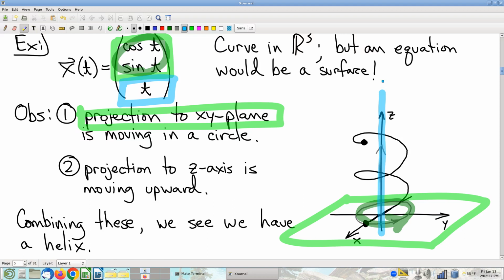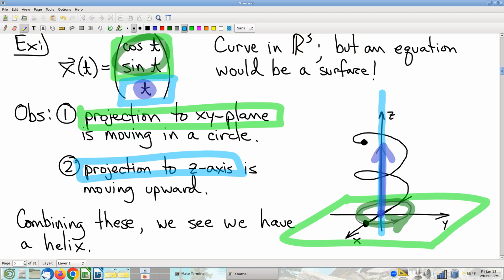It's ignoring x and y, throwing away x and y, looking just at the projection to the z-axis, which is just keeping track of the height. And again, that's something that's pretty easy to understand. This formula here, t, it just starts at 0 and just kind of starts moving upward. Right? So that projection to the z-axis, also easy to understand.